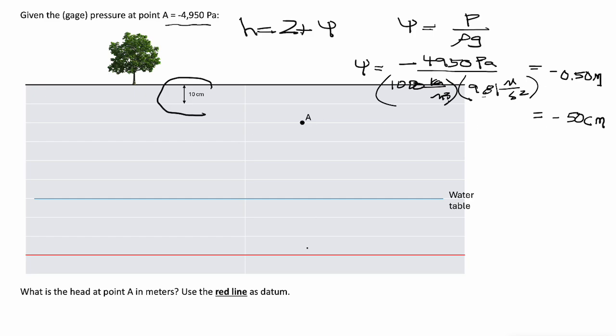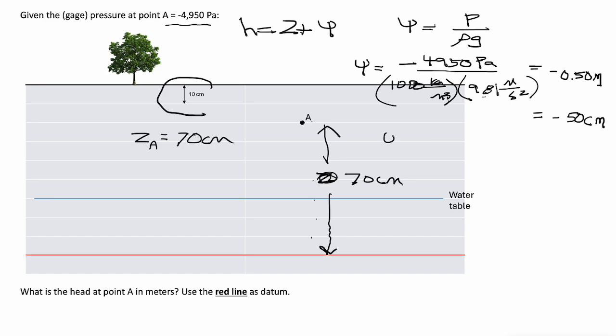So point A is above the red line, so the elevation relative to that datum should be positive, and we'll just count it out. That's 10, 20, 30, 40, 50, 60, 70. So this distance here is 70 centimeters, and that is therefore Z for A equals positive 70 centimeters.